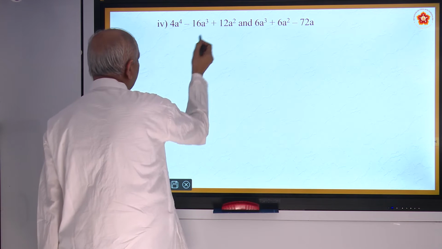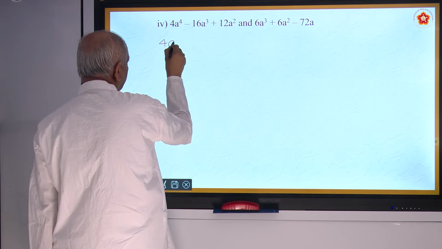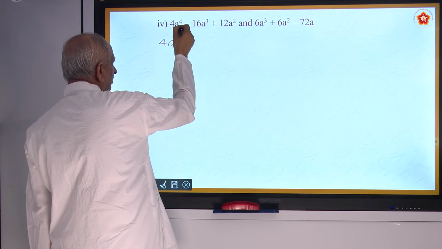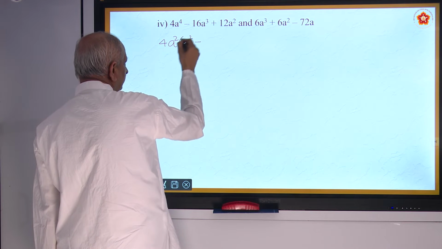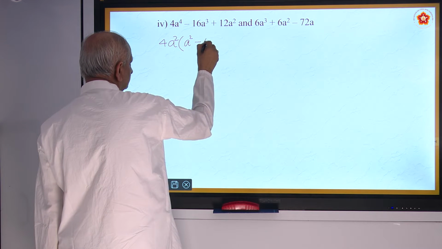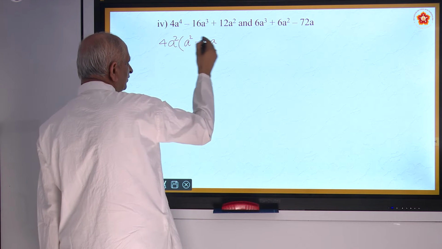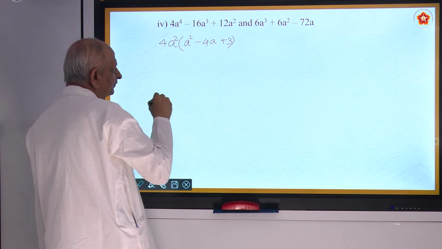So what is common here? 4a is common. Shall we take 4a square? If you take 4a square, 4a to the power of 4 by 4a square is a square. 16a cube by 4a square, you get 4a. Correct? 12a square by 4a square, that is 3. That is the first one.